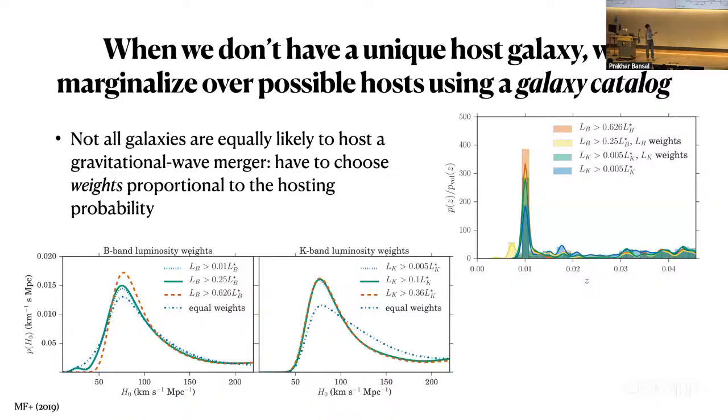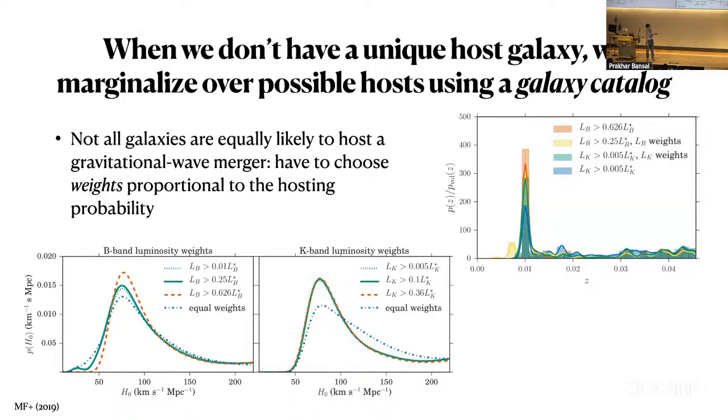But one way to think about where the information is coming from is by looking at the redshift probability that you infer for where the gravitational wave merger is coming from in redshift space, based on where the galaxies live in redshift space, divided by what you'd get from a completely random distribution of galaxies, which would follow this p volume term.